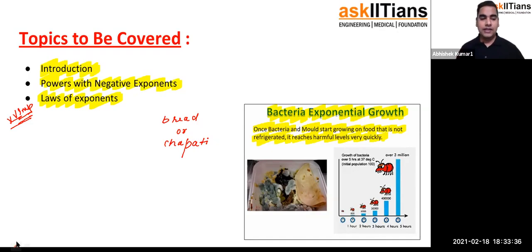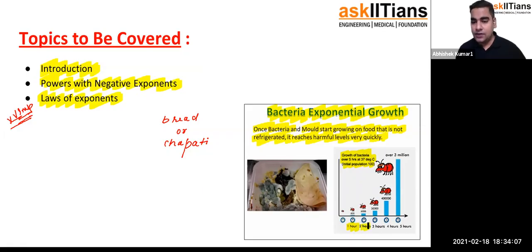For example, you can see here they have illustrated it using this histogram, this bar graph. They are showing the growth of bacteria over 5 hours at 37 degrees Celsius, and the initial population was 100. So initially the bacteria were 100 in number.